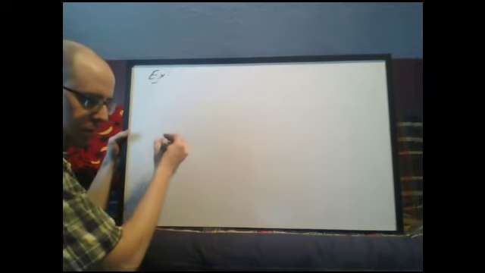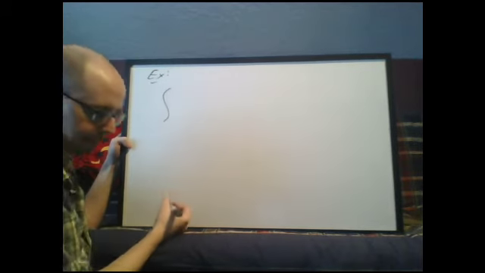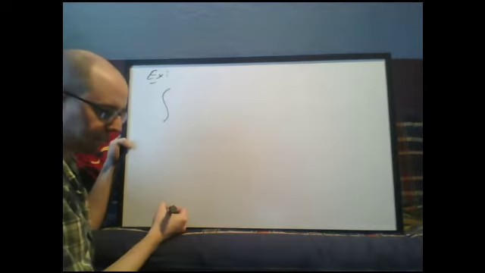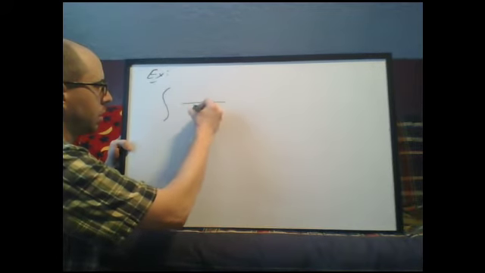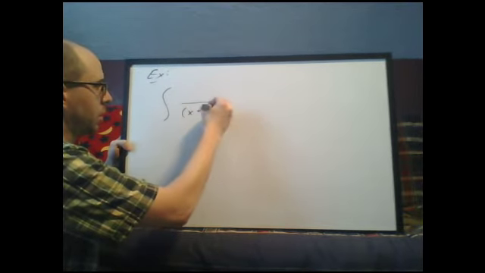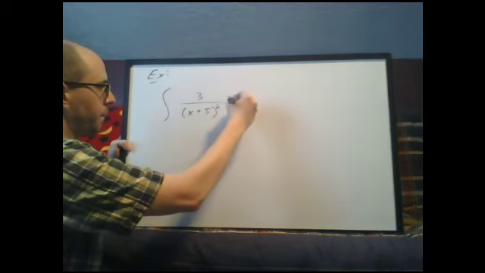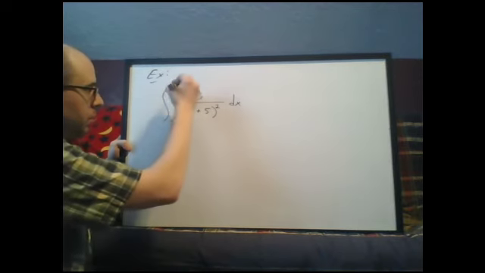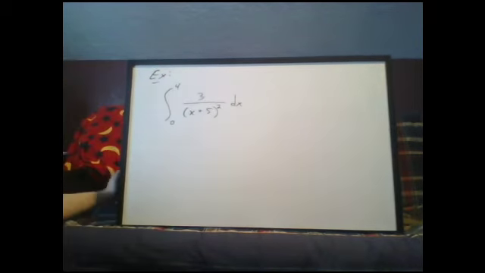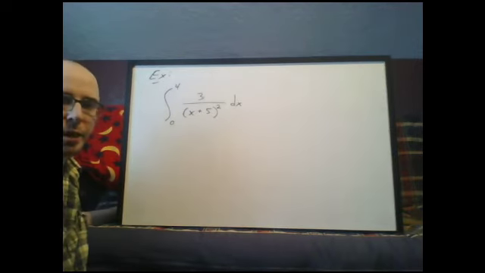All right, so see how this goes. Integral of 3 over (x plus 5) squared from 0 to 4.